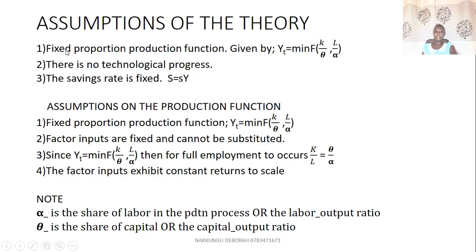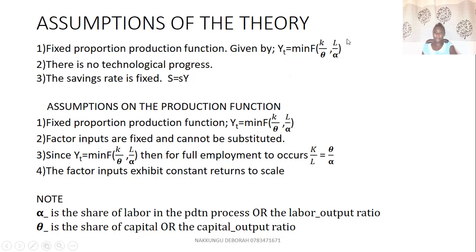So if we are talking of a fixed proportion production function, it means that we use a scarce combination, in this case of capital and labor, to produce our output Y_T. Fixed also means that we cannot substitute amongst our factor inputs.